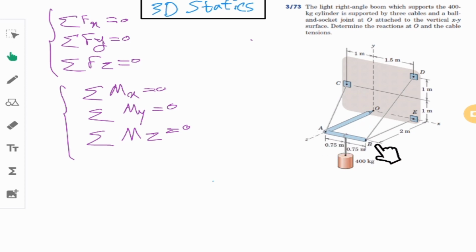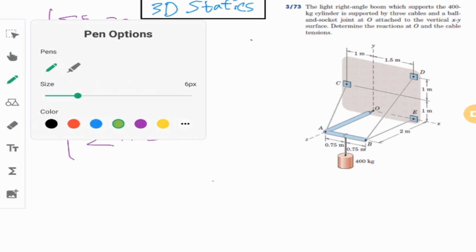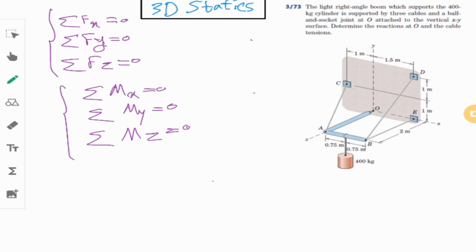Here I'm trying to show my approach for the free body diagram at the beginning. For doing that, I try to see what is connected to this guy and get rid of that at the beginning.